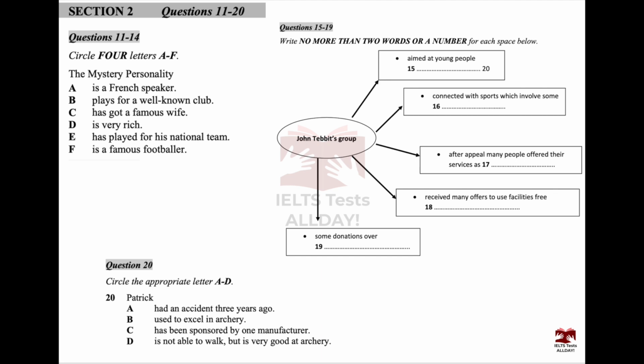Our mystery person this week is a very well-known footballer who plays for a famous club and has also played for his national team. He is very talented and is enormously popular, especially for the part he played in a famous footballing victory. And 2 clues. He hasn't got a famous wife, and he speaks French.